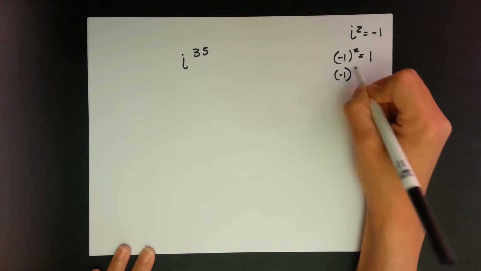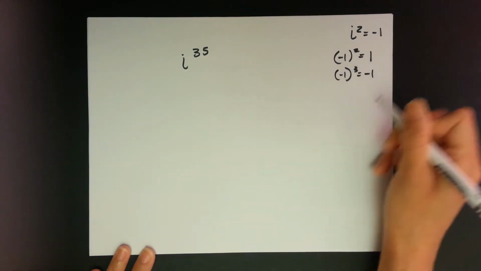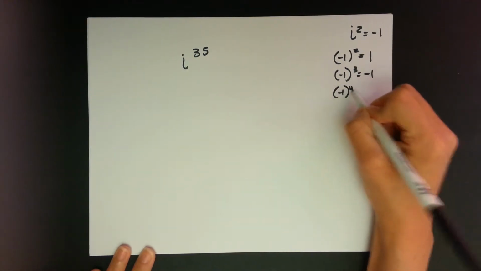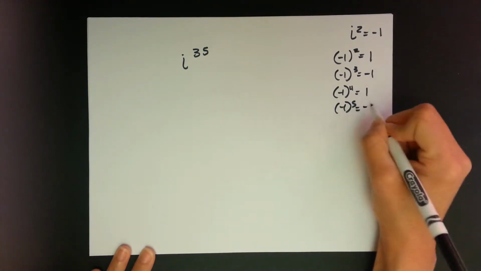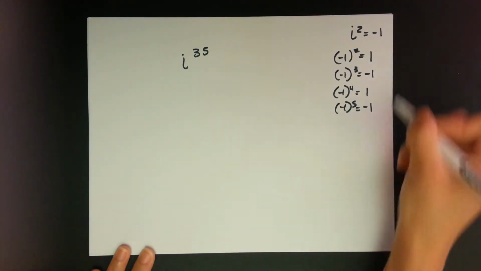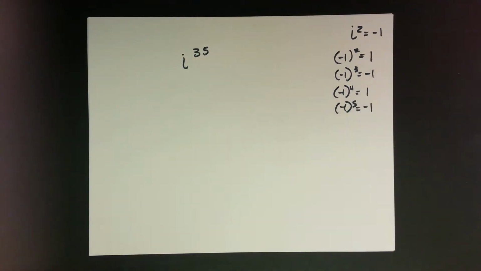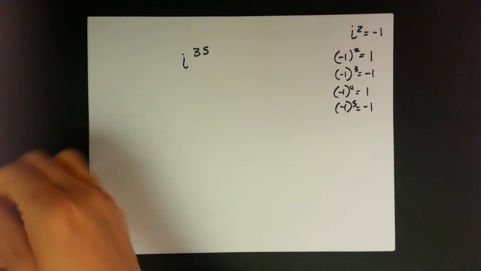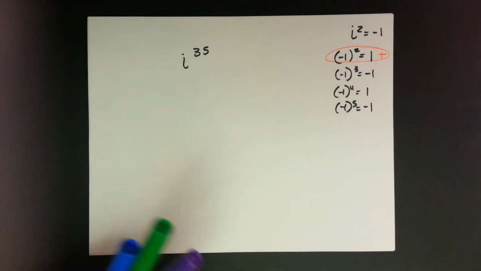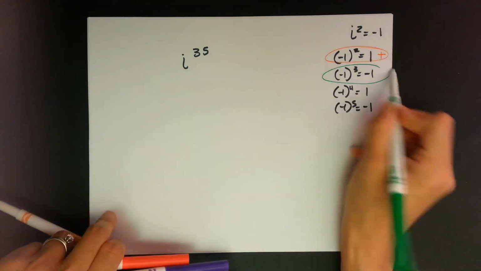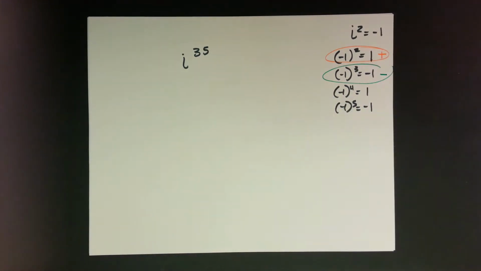But if you take -1 and you cube it, you get a -1. And so forth, right? If you keep going to the 4th power, to the 5th power. So, to summarize, if you're taking it to an even power, it becomes positive. And if you're taking it to an odd power, it becomes negative, right?